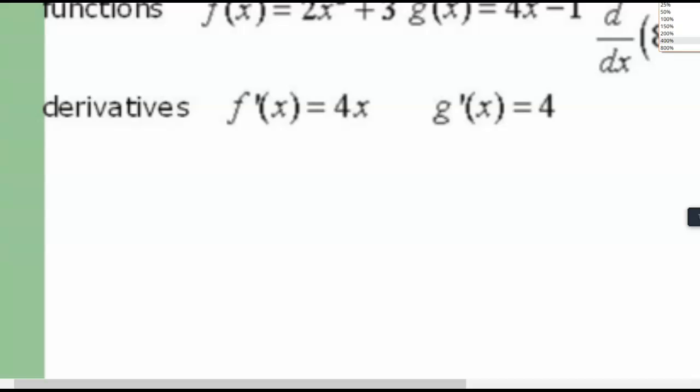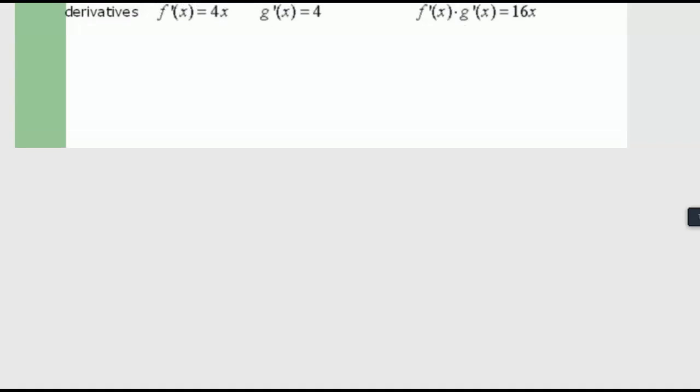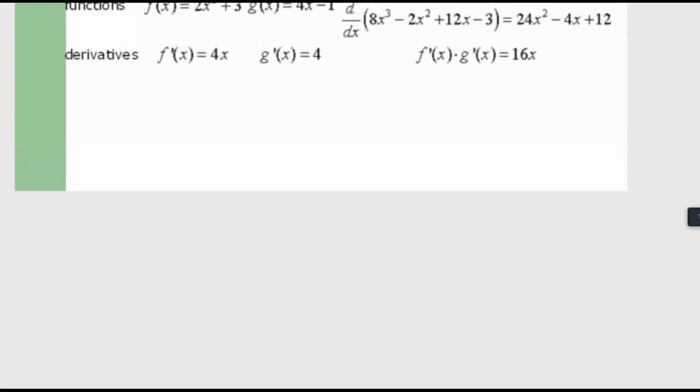So let's talk about it. What would be f times g? Go ahead and multiply and FOIL out f of x times g of x.